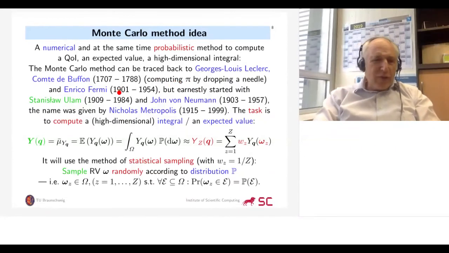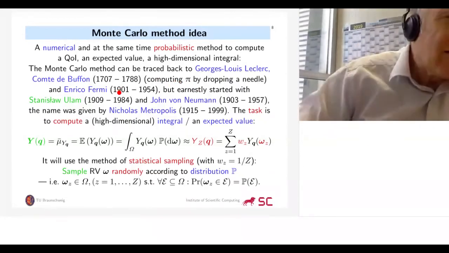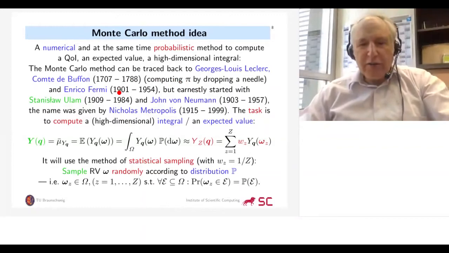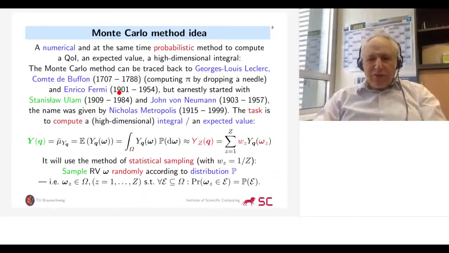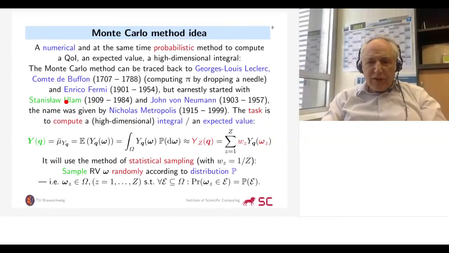The next one who was using this more or less was Enrico Fermi, okay? But it earnestly started with someone called Stanislav Ulam. So Ulam and John von Neumann and Metropolis, they are all credited with inventing this.